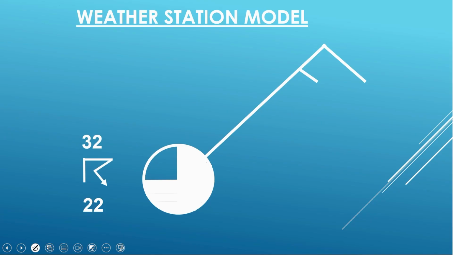Now here you find that there are figures, okay? There is a 32 there, and there is a 22 here, okay? And there's something else that you see here that I would safely say now it is a symbol, okay? This also is part of the weather station model. That's also a symbol.